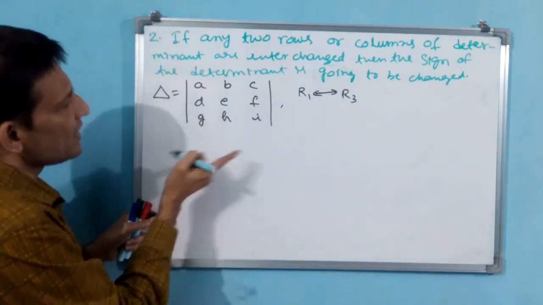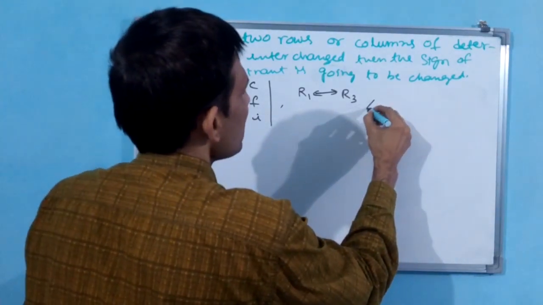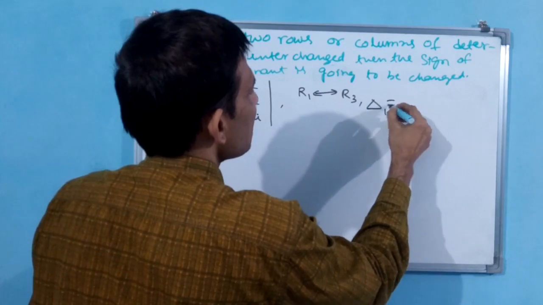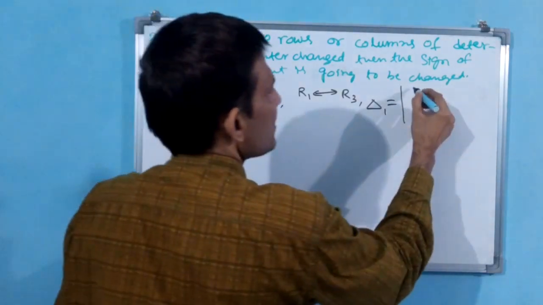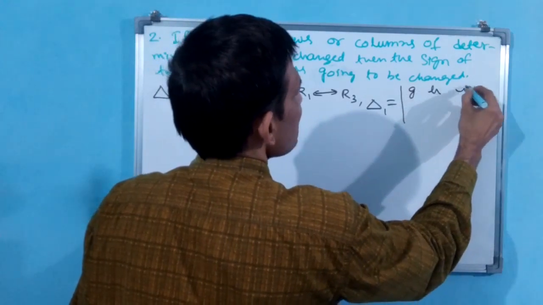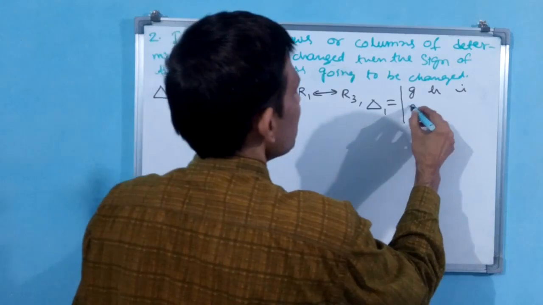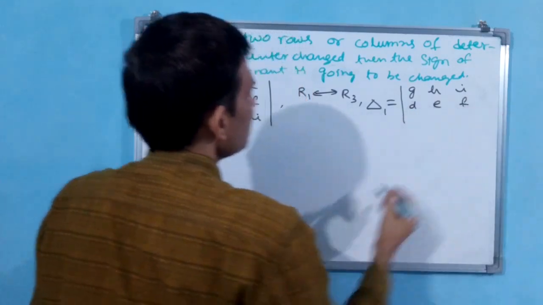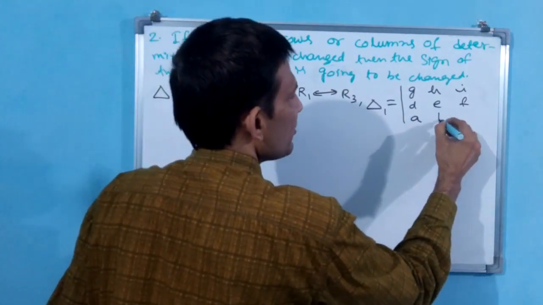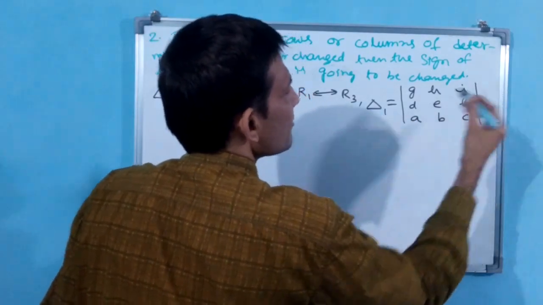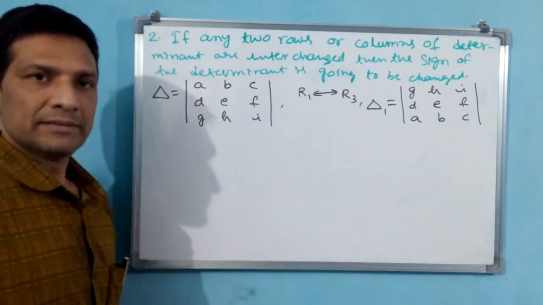R1 is going to become R3, R3 is going to become R1. Like that I am changing. You see, now delta 1, comma delta 1 is equal to: in R1 place R3 is going to come, GHI. Write down GHI. And R2 is not changing, then DEF. Then in GHI place ABC will come. ABC.